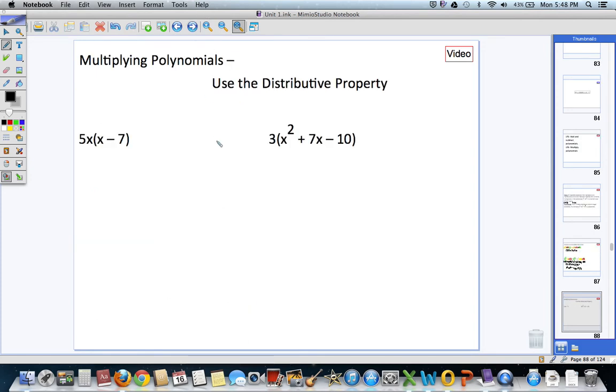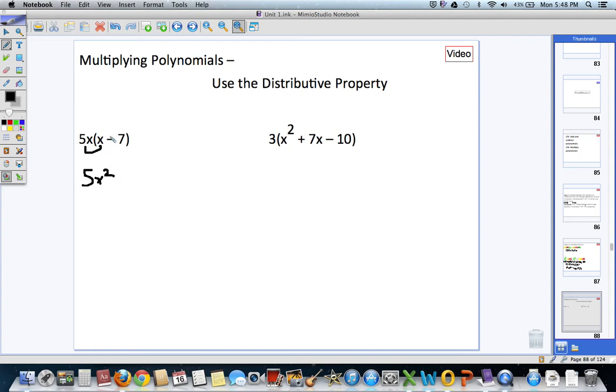Multiplying polynomials. We're going to just use the distributive property. That's all it is. So we take my first term, which now is not just 5, it's 5x. I'm going to multiply it by x. 5x squared.